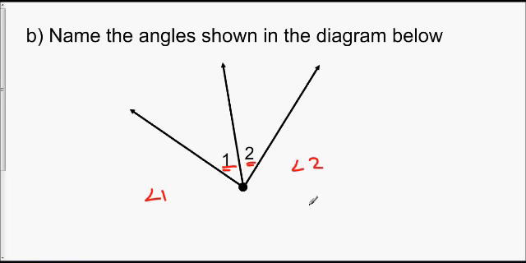It's kind of nice because it's a shorter angle name to write, but the disadvantage of this is that you cannot name the entire angle. So this larger angle doesn't have a name in this diagram.